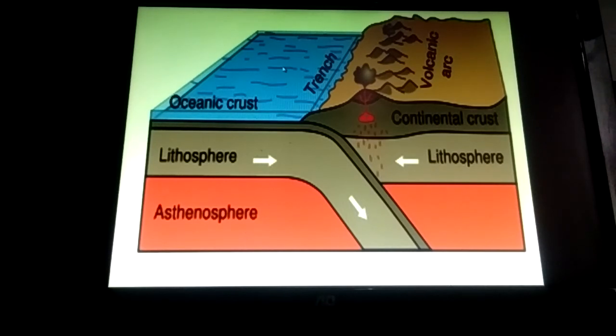Alternatively, a trench may be formed between two plates. In some cases, when two continental plates converge, neither plate can be forced under the other.